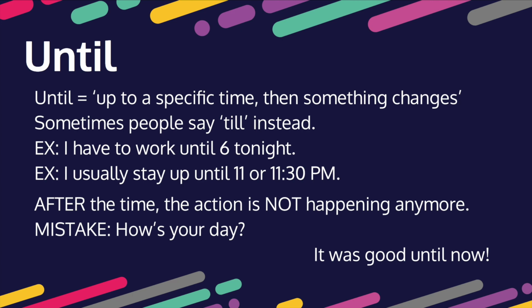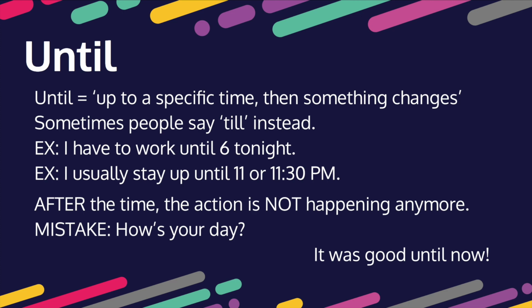For example, I have to work until 6 tonight. This means I am working all the way up to 6 p.m. After 6 p.m., something changes and I am no longer working.